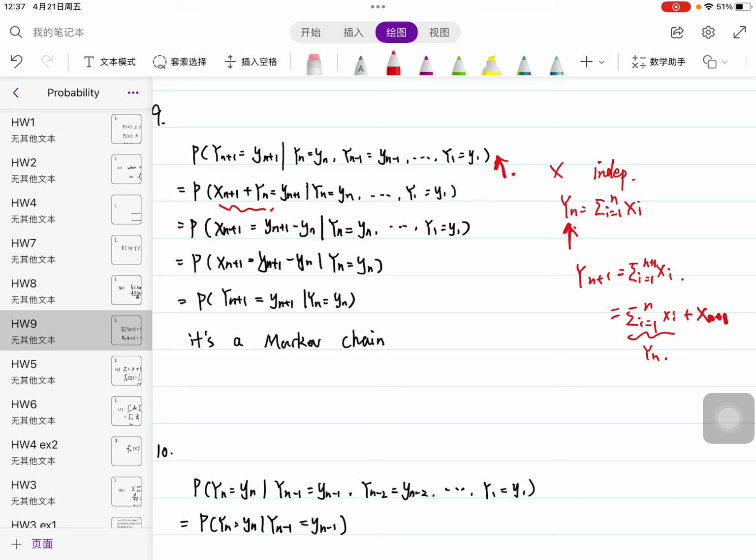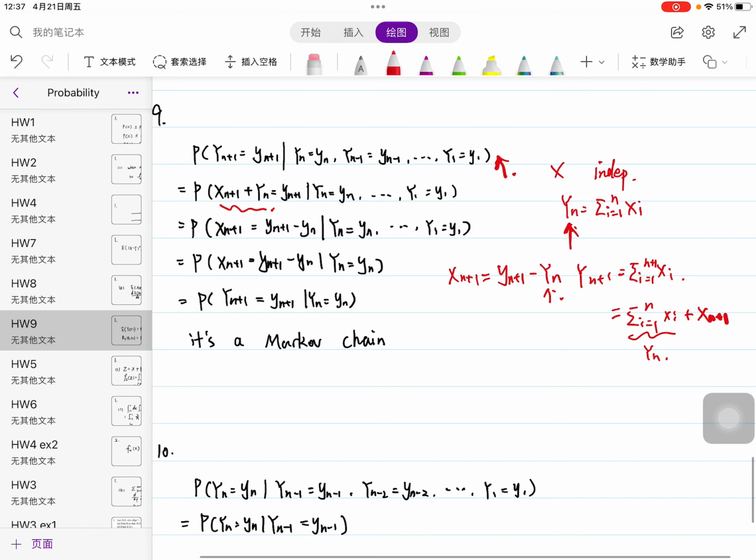Yes, and for the next step, we write the two terms of Y together, so Xn plus 1 equals Yn plus 1 minus Yn.